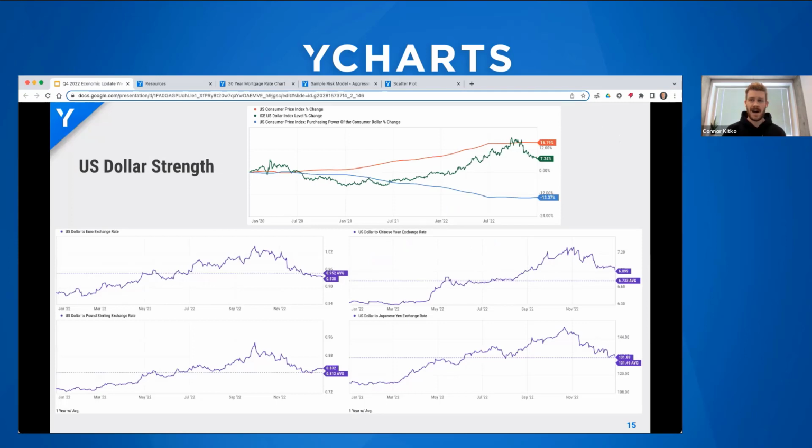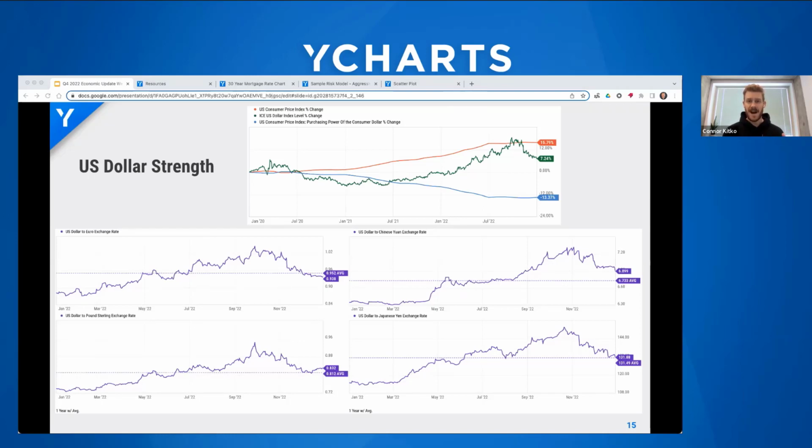Okay, now on to the US dollar. Joe talked about some of those trade balances. Let's talk about the currencies behind them now. So the US dollar to euro, to pound sterling, to Chinese yuan, and to Japanese yen. All of these exchange rates have fallen from their 52-week highs, which we saw at the end of Q3 and beginning of Q4 last year.